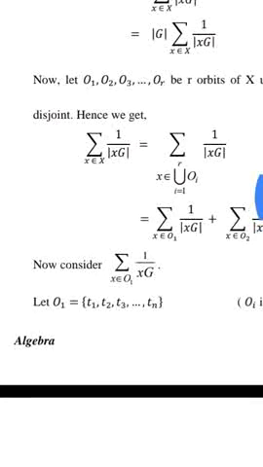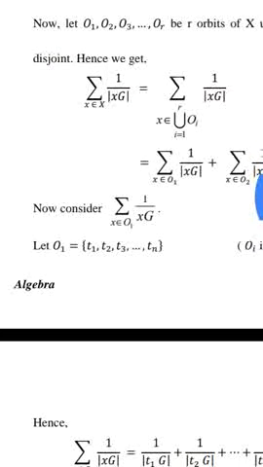This union is disjoint, hence we get the summation of 1 upon |O_x| as a sum over the orbits.